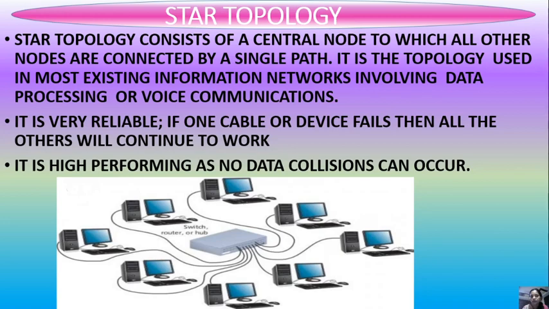If one cable or device fails, then all the others will continue to work, because if one node is not working, or one cable is not working, all the others continue to work. And it is high performing, as no data collisions can occur. So these are the points related to star topology.